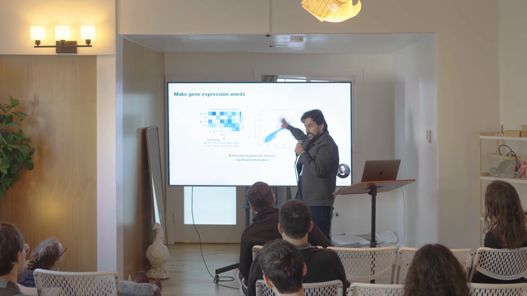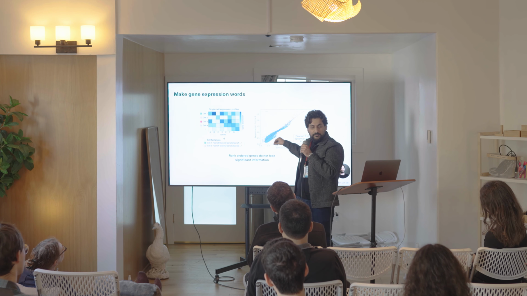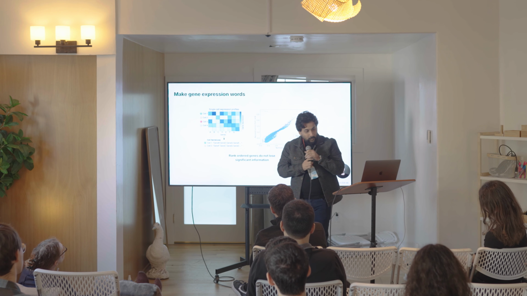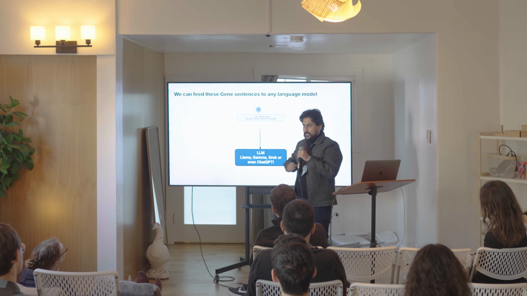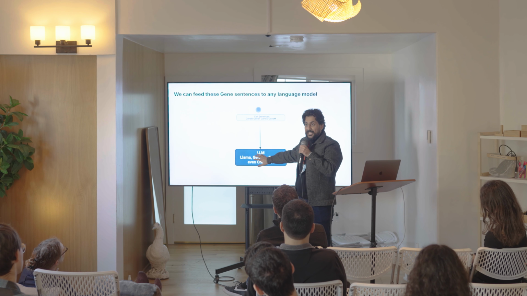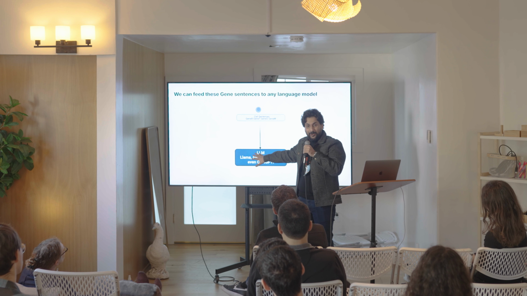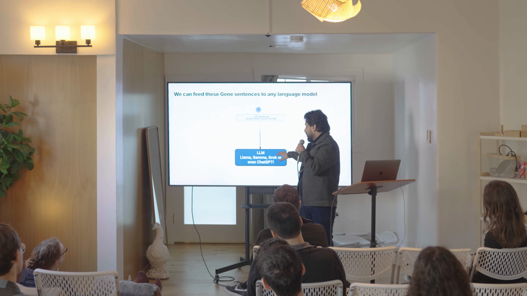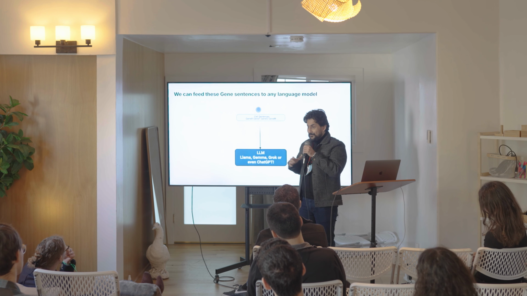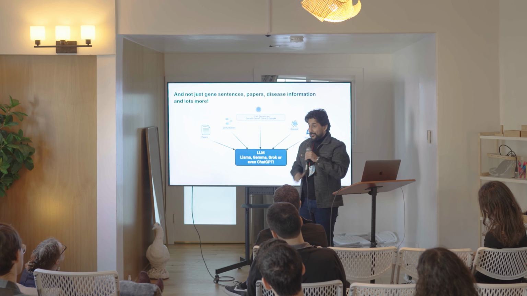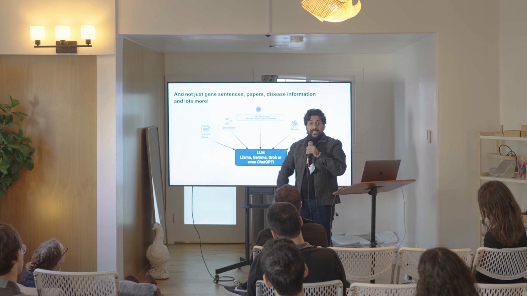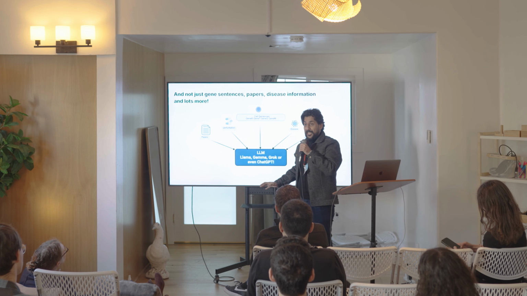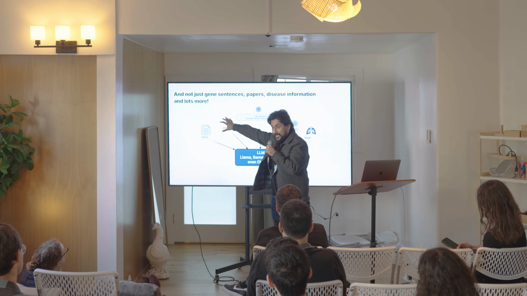And these were pretty correlated with the count of the gene itself. When you do this, you can feed this into any natural language model like Grok, Llama, Gemma, even ChatGPT, right?